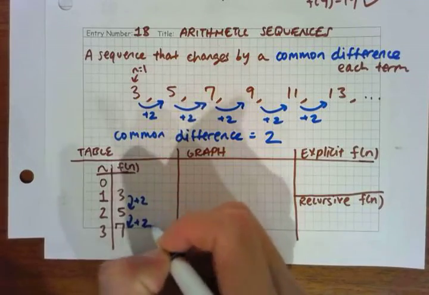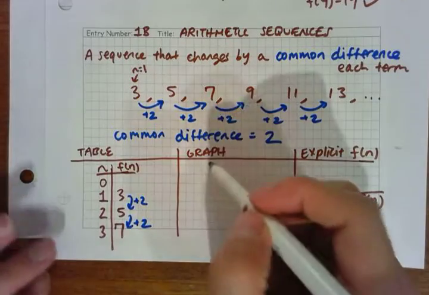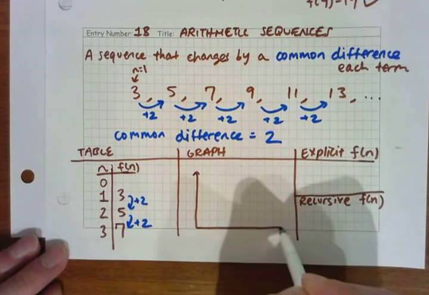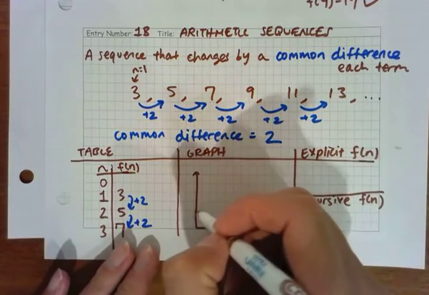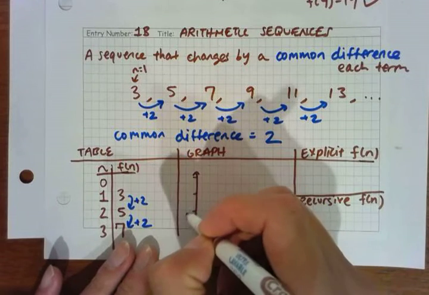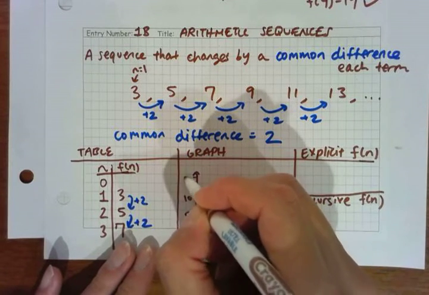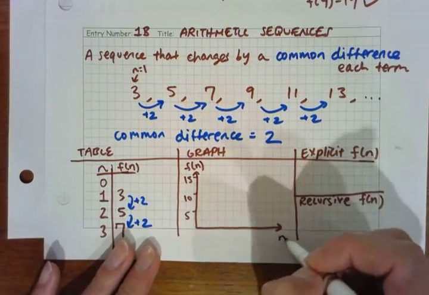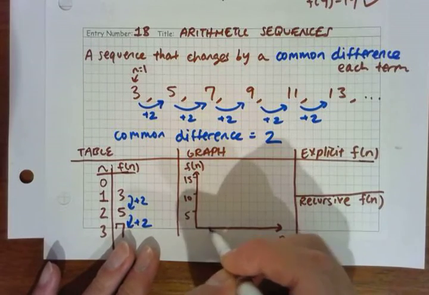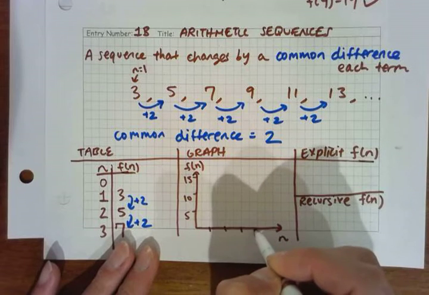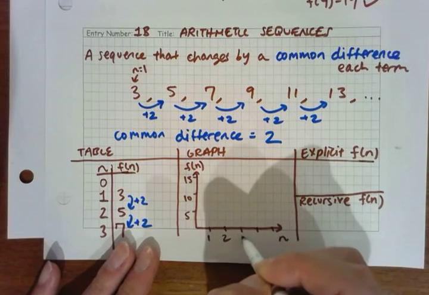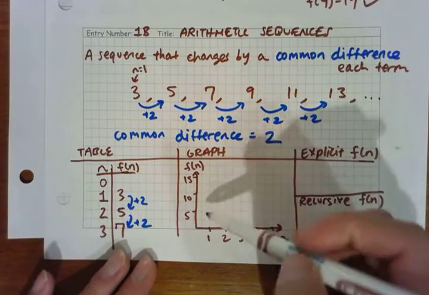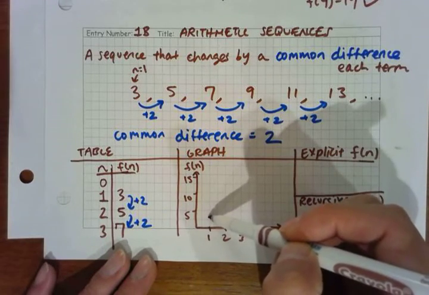That's our common difference. If we put it in a graph, on our y-axis we'll go by 5: 0, 5, 10, 15. This is the output, the function. Here's the n value: 1, 2, 3, 4, 5. In the first term it was 3, which is right here.